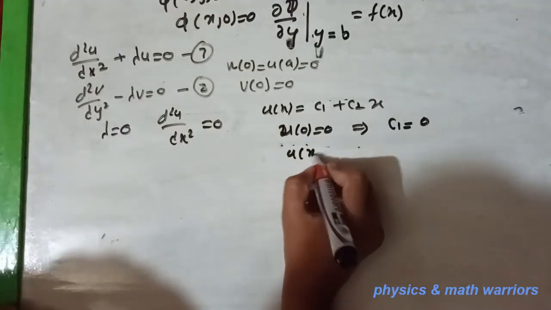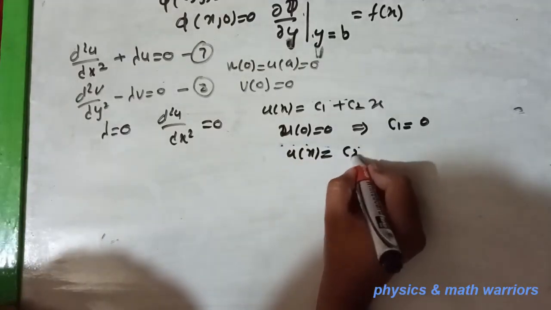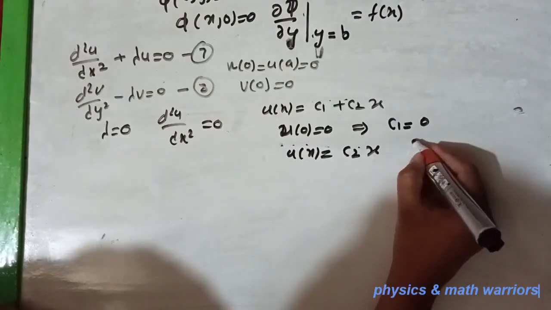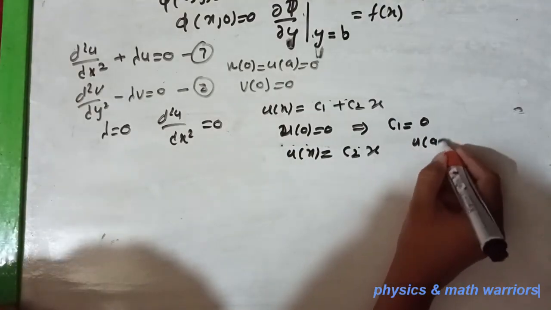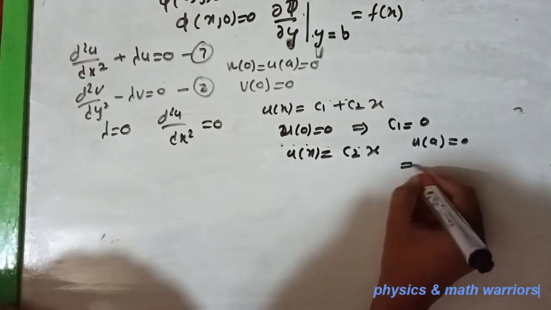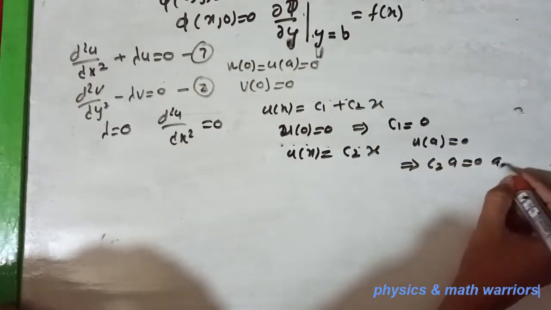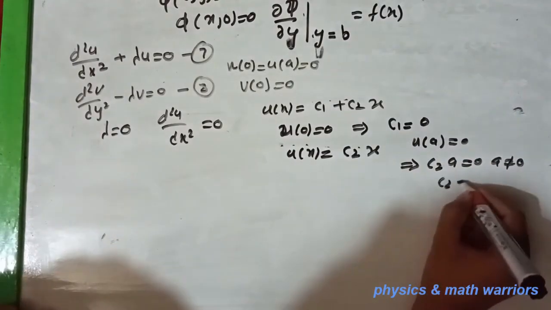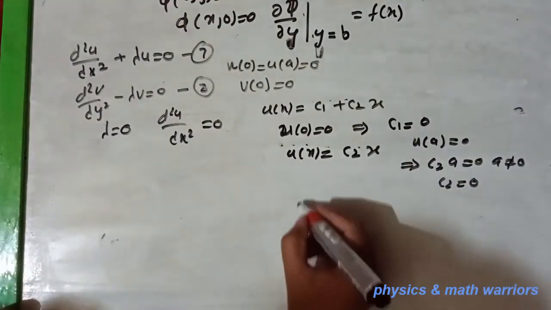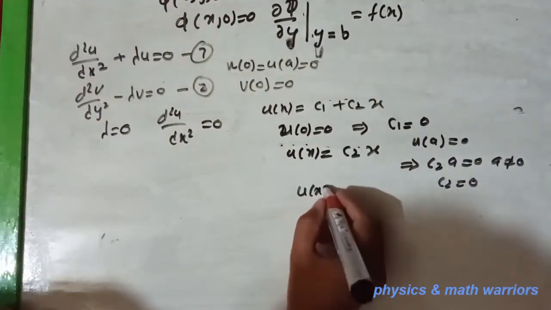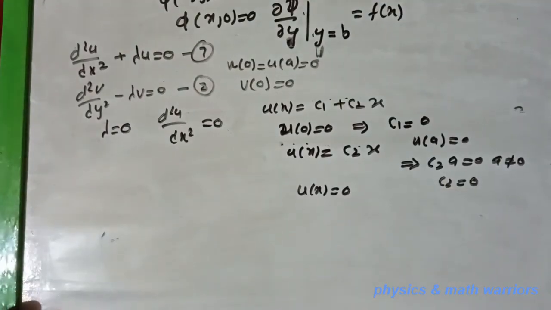So u(x) = c2 x, and the boundary condition u(a) = 0 implies c2 a = 0. Since a is not equal to 0, c2 = 0. So u(x) = 0.